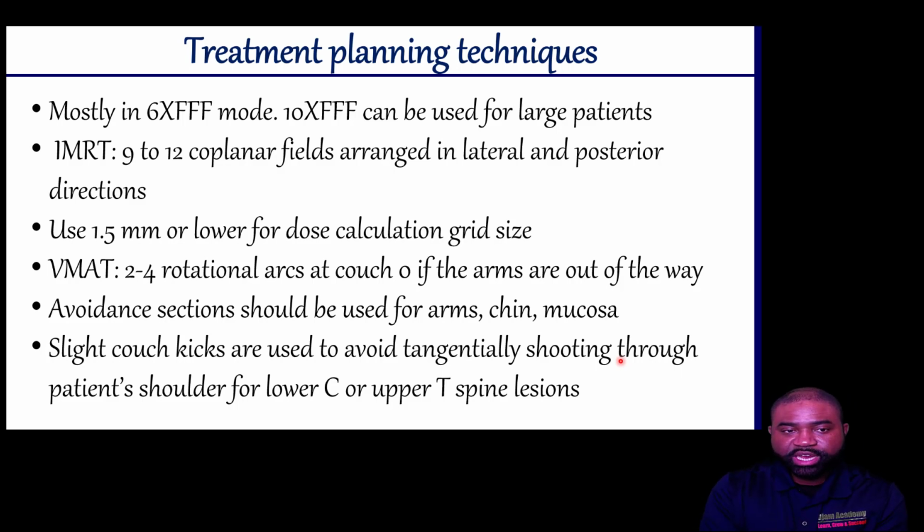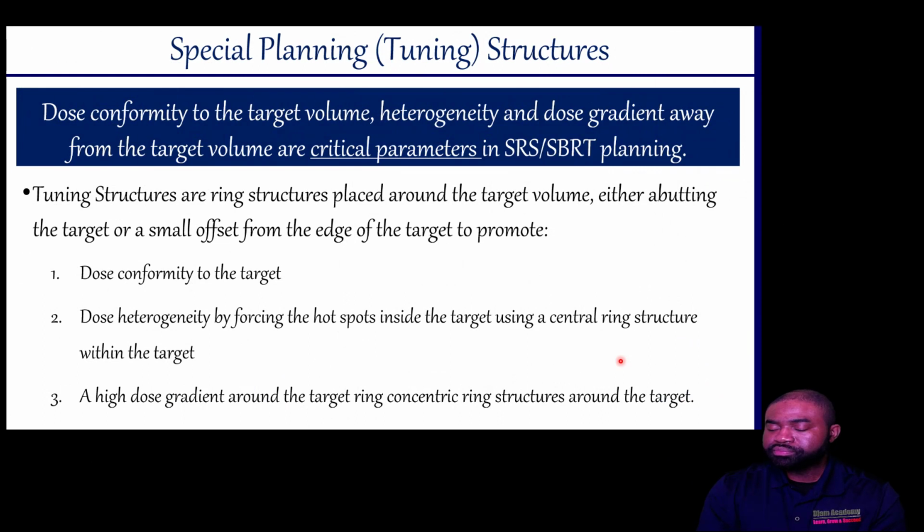Remember, slight couch kicks are used to avoid tangentially shooting through the patient's shoulders for lower C-spine and upper T-spine cases. Now, in order for us to design a good plan, what is often recommended is for us to use planning tuning structures.